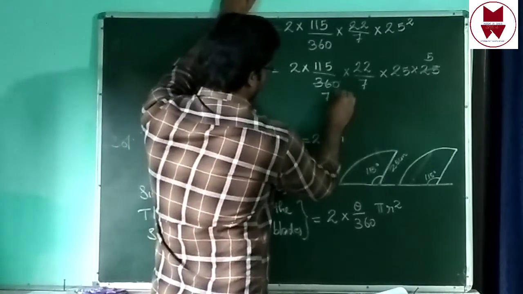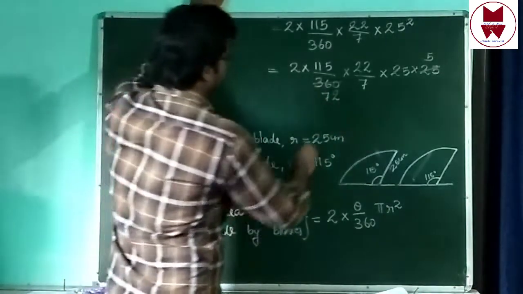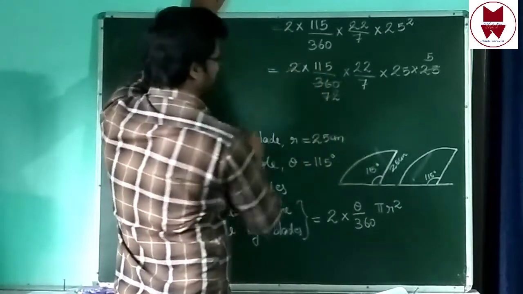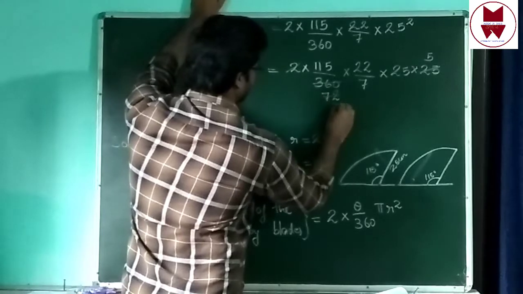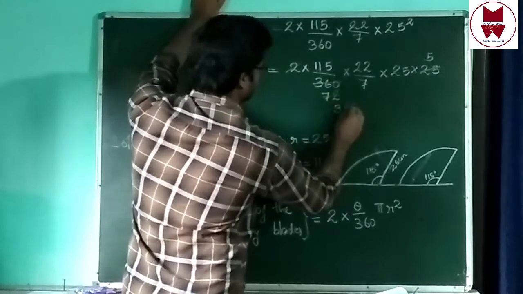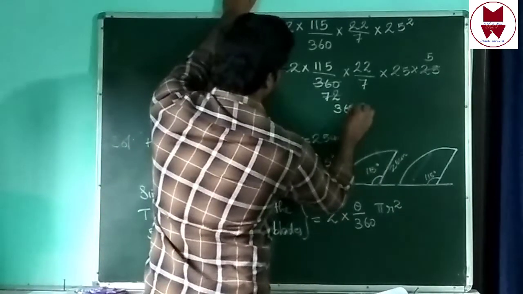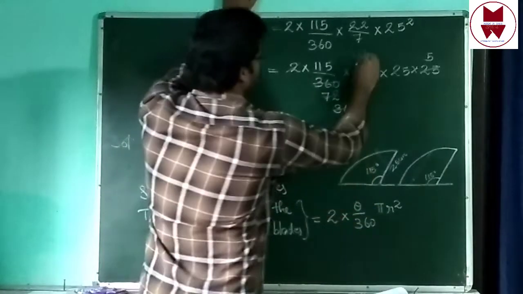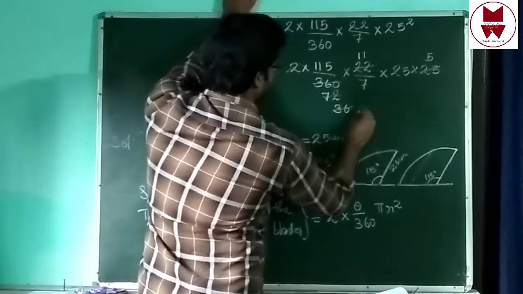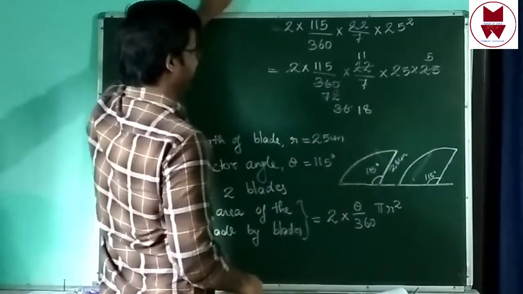In 10, 2 times. Cut it. In 7, 2 3 times. Again you can cancel this 36 and 22 using 2, 1 1 here, 1 8 18.